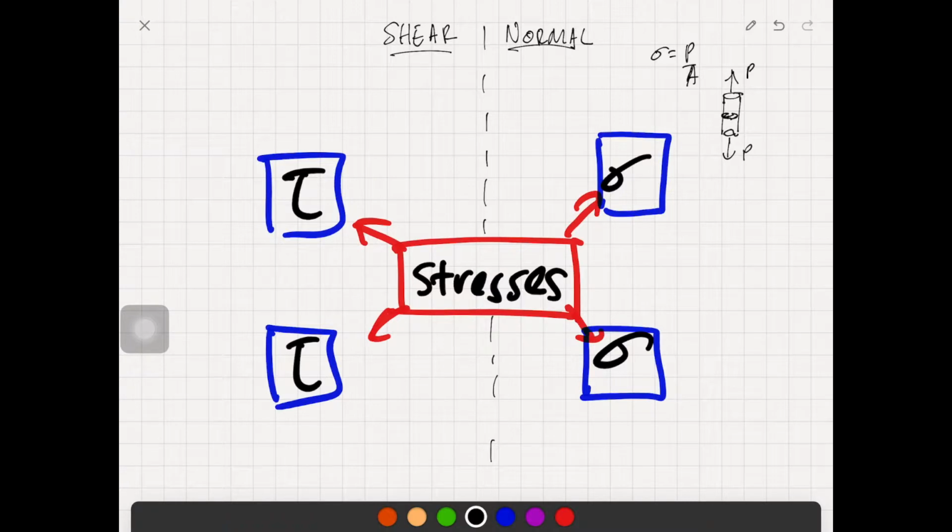That is the first type of stress that we covered previously in combined loadings.